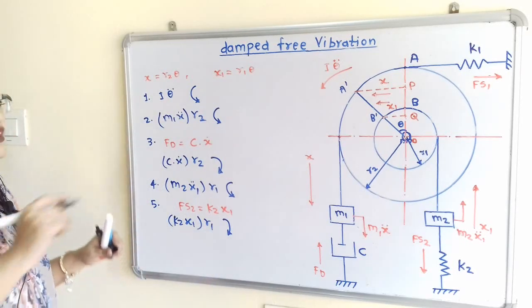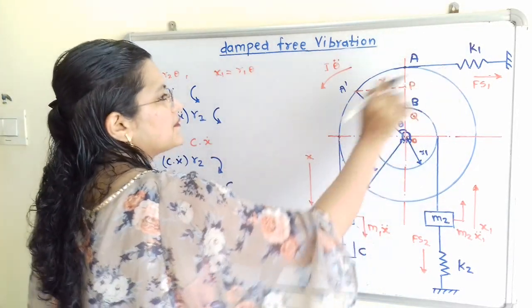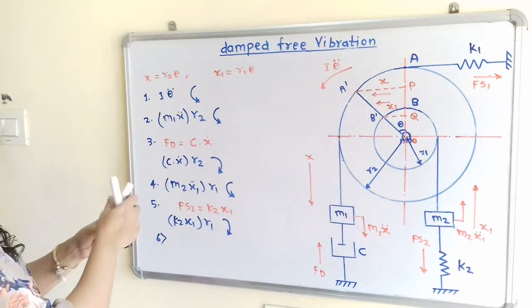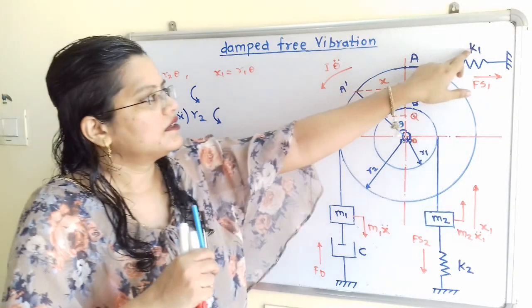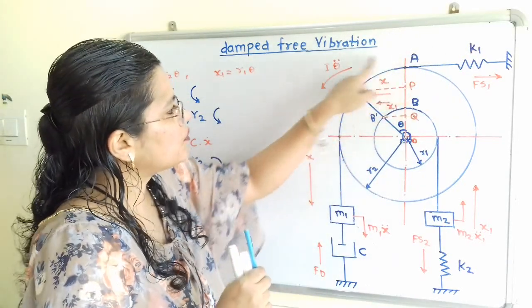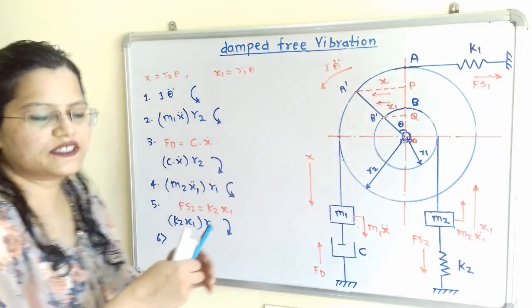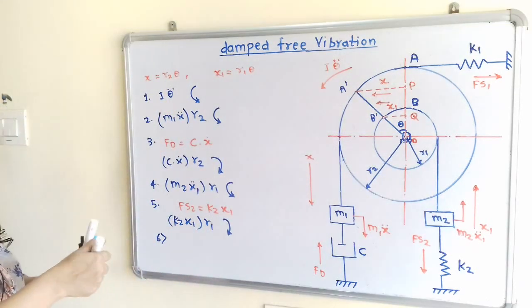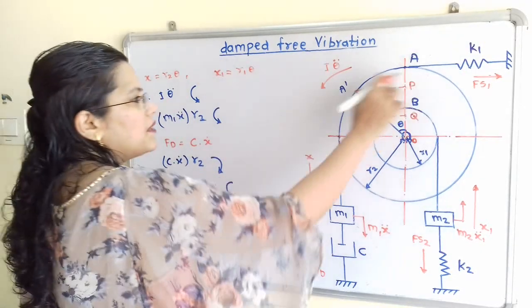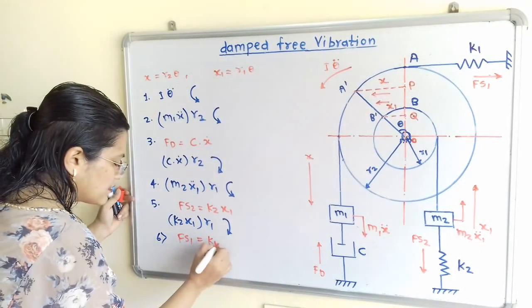Now we will move to the external force due to this stiffness K1. So again, what is this Fs1? So Fs1 is stiffness multiplied by displacement. So it is connected to the outer disk which is having displacement x. So Fs1 is equal to K1 multiplied by x.